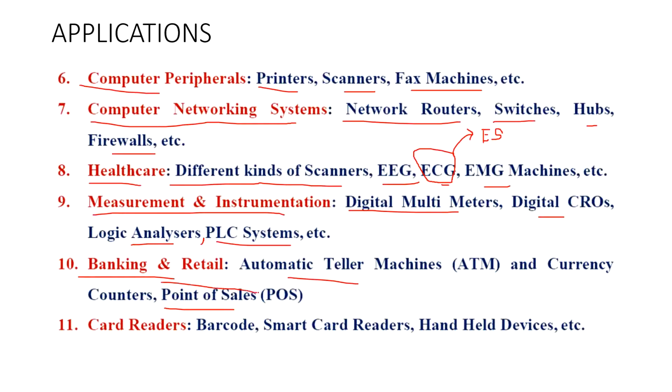Especially POS revolutionized the world of payment; you can find it everywhere in malls and everything. Then we have card readers, that is barcode readers, smart card readers and handheld devices. Here we find that an embedded system is used.